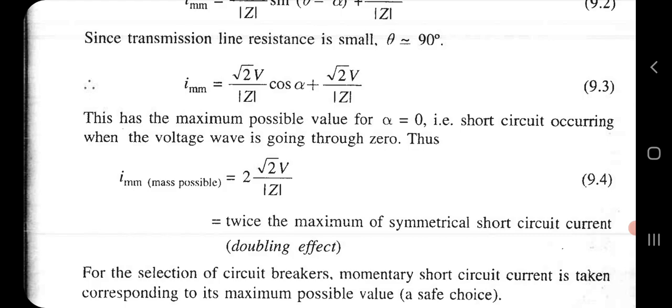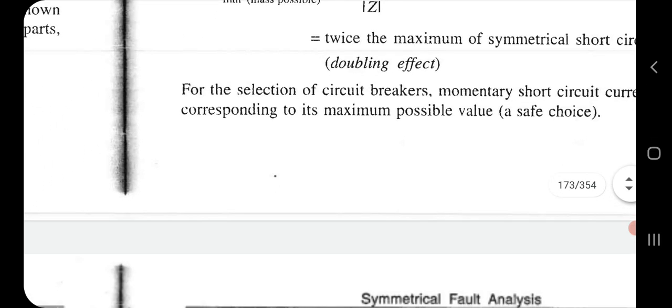This is the current required for the circuit breaker. This is the maximum current which a circuit breaker can tolerate. So this is the value we are going to get.